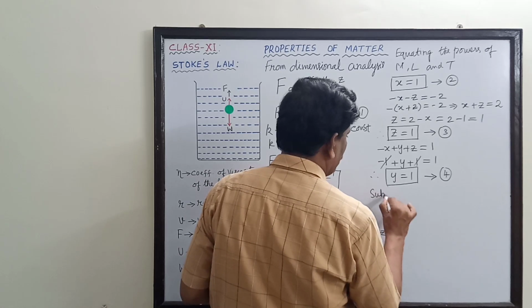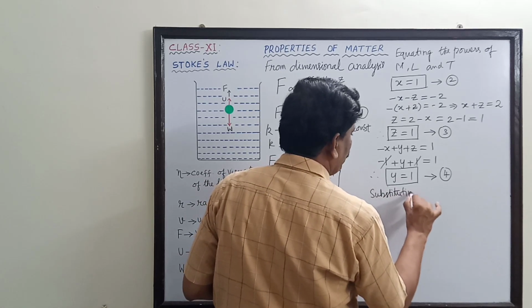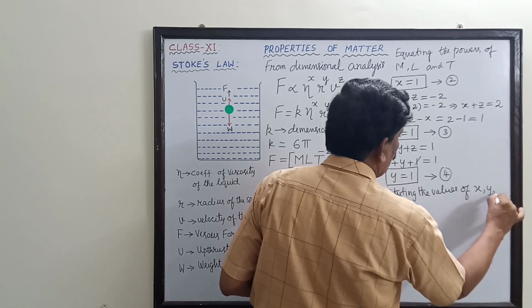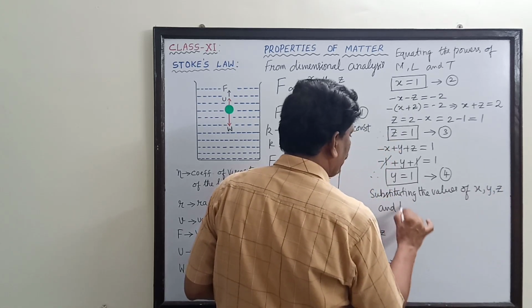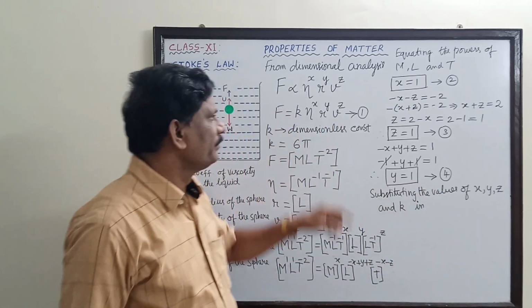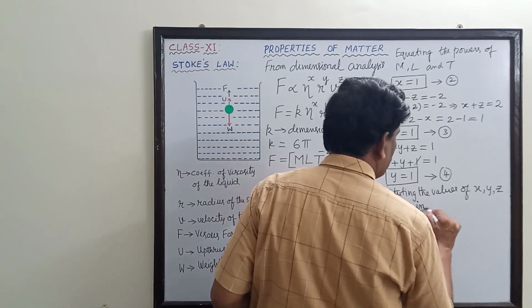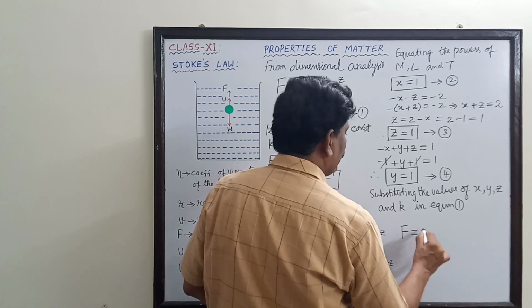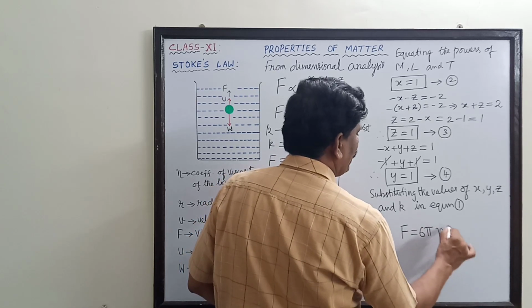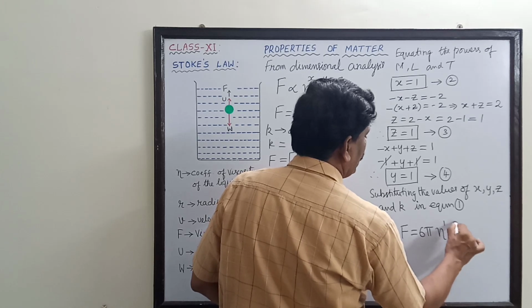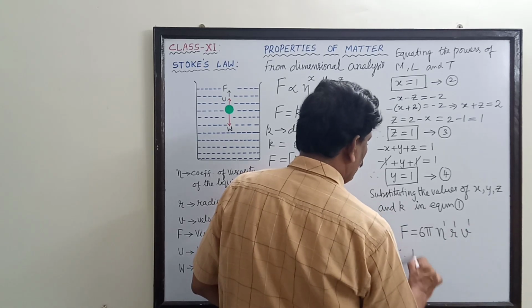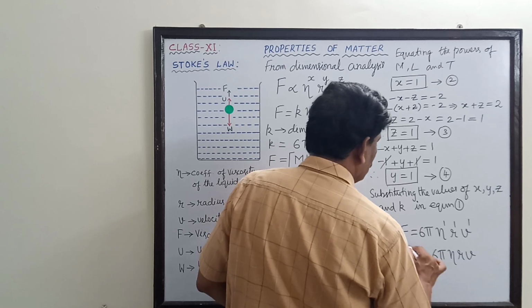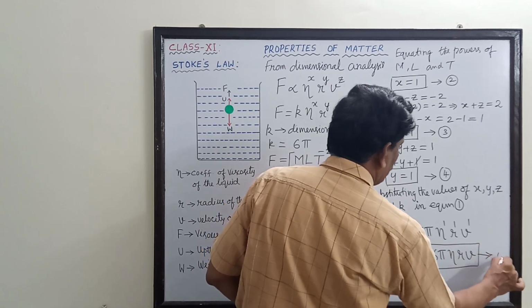Substituting the values of x, y, z and k in equation number 1, f is equal to, the value of k is 6 pi, eta power 1, r power 1 and v power 1. Therefore f is equal to 6 pi eta r v.